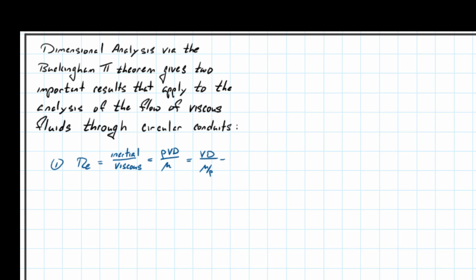We can also divide density by the dynamic viscosity and write it in terms of the kinematic viscosity, where V is the average flow velocity. And we get that by looking at the volumetric flow rate, which is Q divided by A, where A in this case is pi over 4 d squared, where d is the diameter of the pipe.